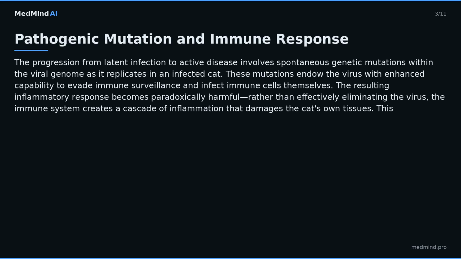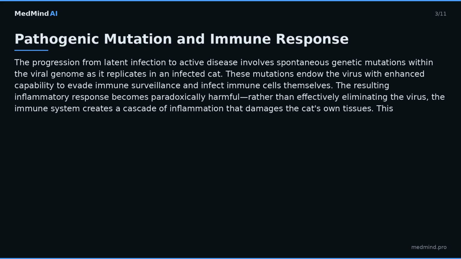Rather than effectively eliminating the virus, the immune system creates a cascade of inflammation that damages the cat's own tissues. This immune-mediated damage distinguishes FIP from many other infections and explains why certain cats develop disease while most infected cats never progress beyond asymptomatic carrier status.